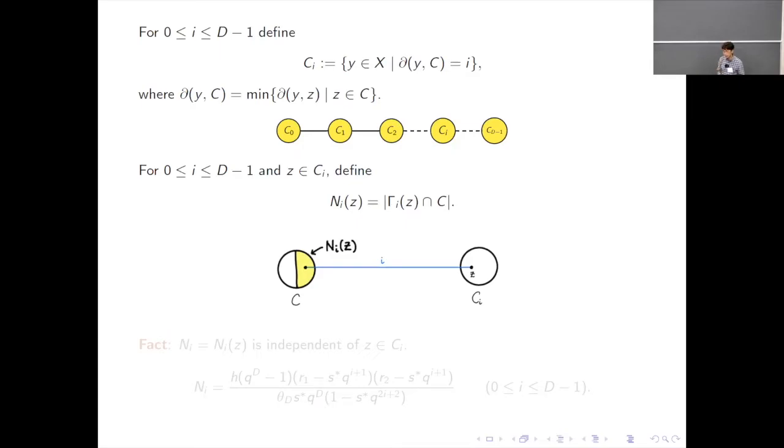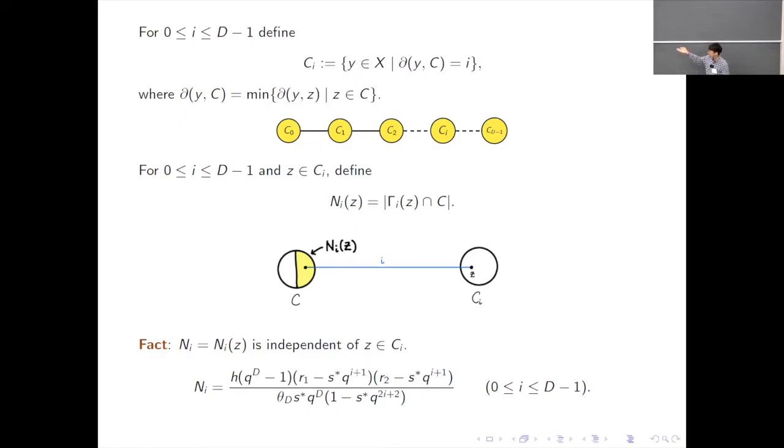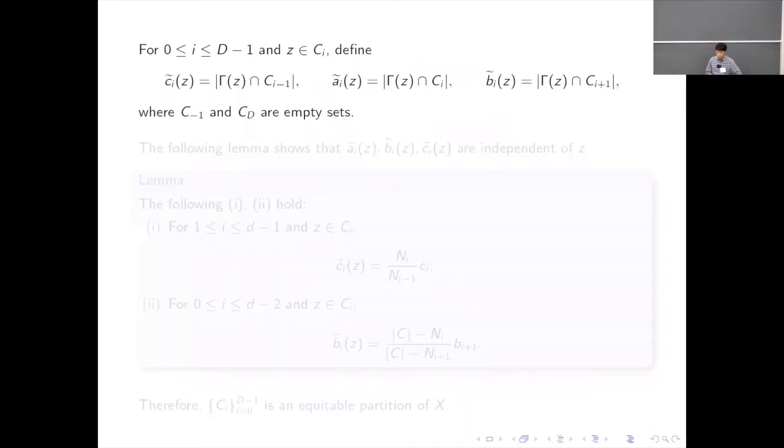That is just the number of neighbors of z in the Delsarte clique C. So I just gave some picture: the cardinality of this yellow portion. In fact, this number N_i is independent of the choice of z. Further, we can express this quantity N_i in terms of the parameters r1, r2, s star, etc., because we assume that our graph has q-Racah type.